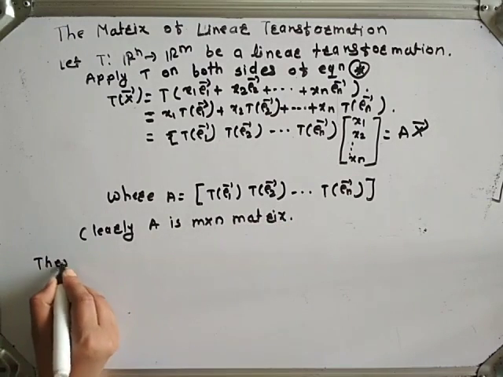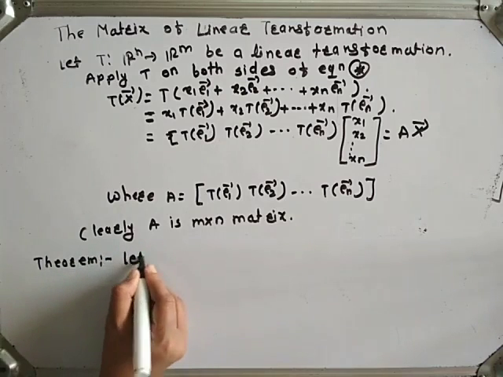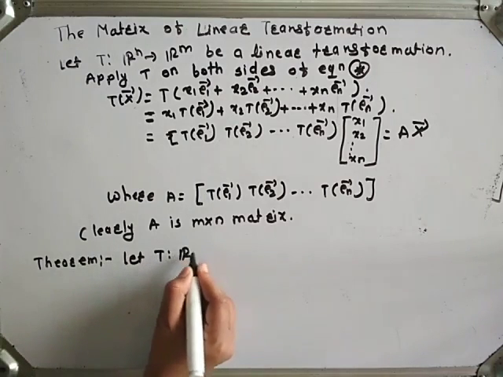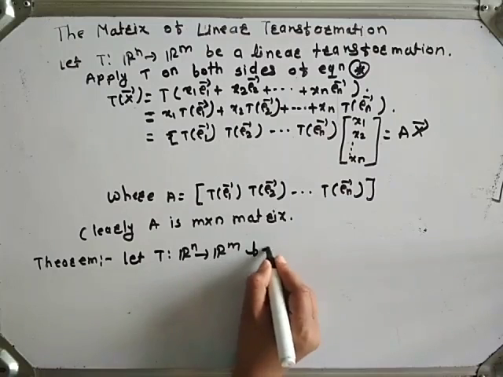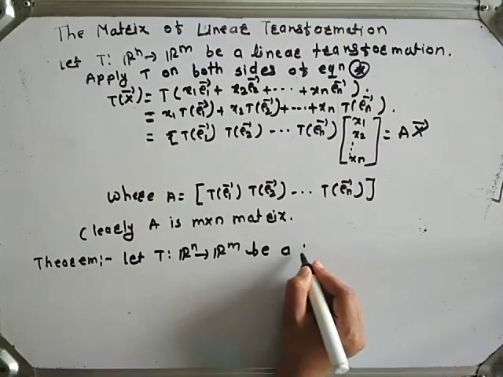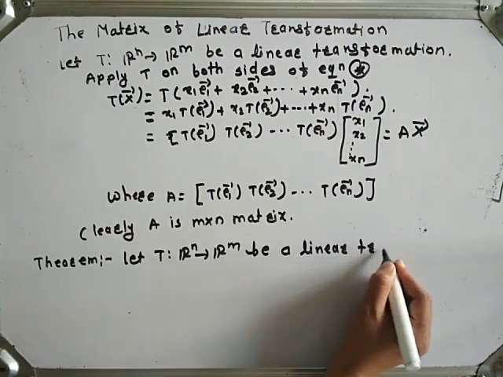Let us write down one theorem. Let T from Rn to Rm be a linear transformation.